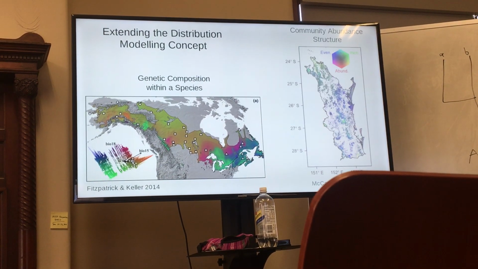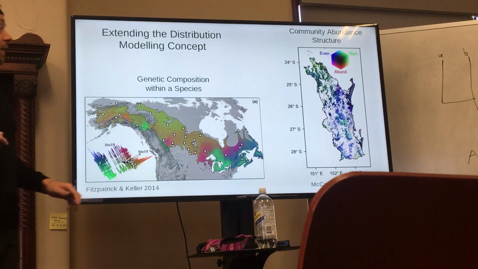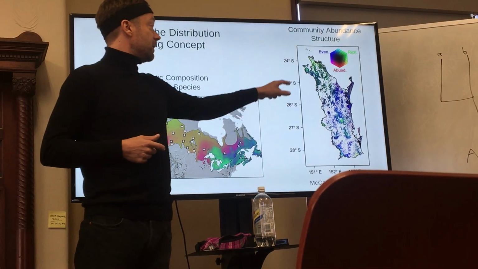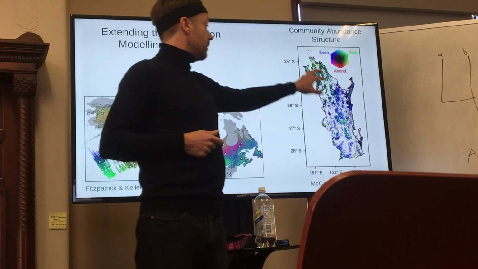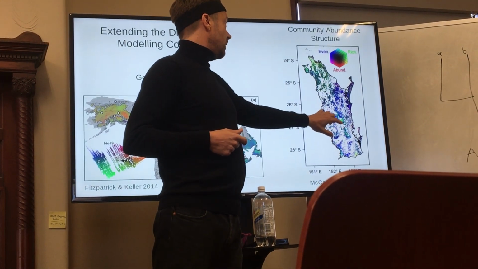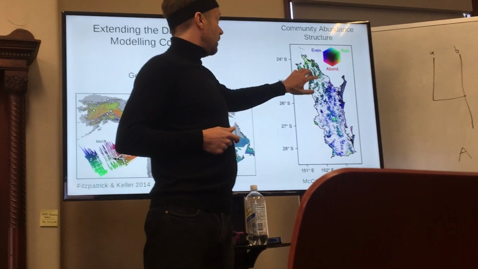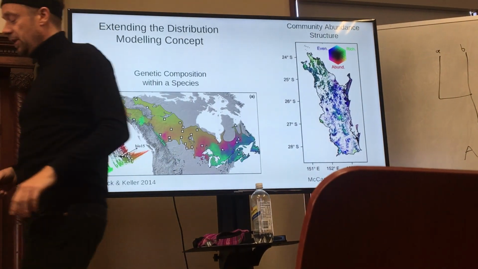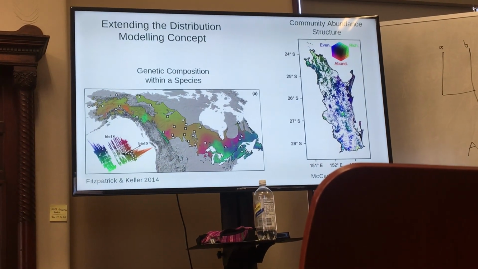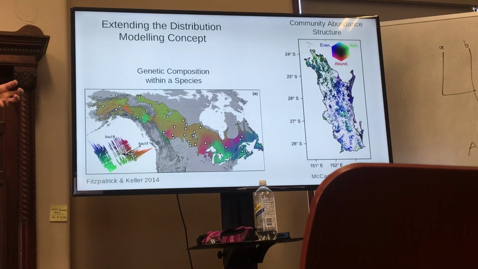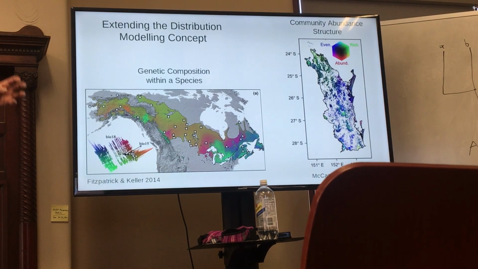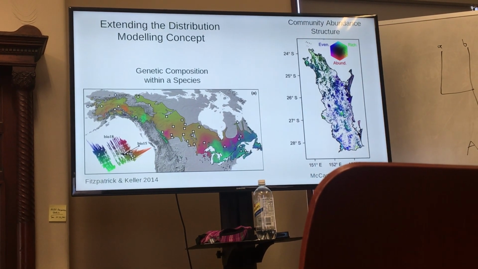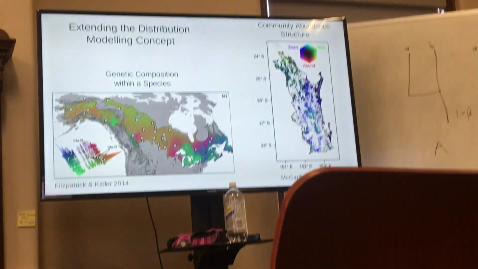You can do something like this looking at community composition. This is Queensland in Australia, and the colors here are some indication of community similarity. But again, this is all taking community data, taking environmental data, and then doing some kind of species distribution modeling type procedure.